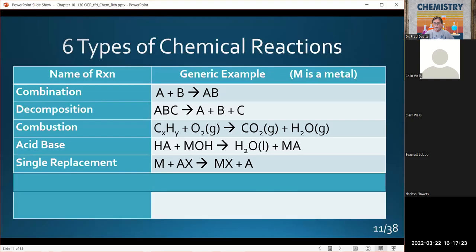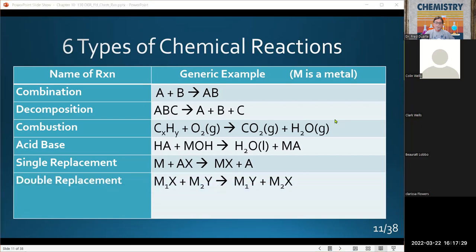And then the last one, I'm going to call it quits here. Sorry, I need to go over the time. It is the double replacement reaction. The M here represents metal, and the 1 and 2 subscripts just represent different metals. Both ionic compounds, both reactants in this case, are soluble based on the solubility rules.